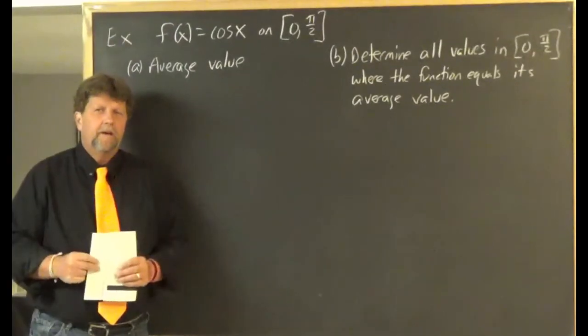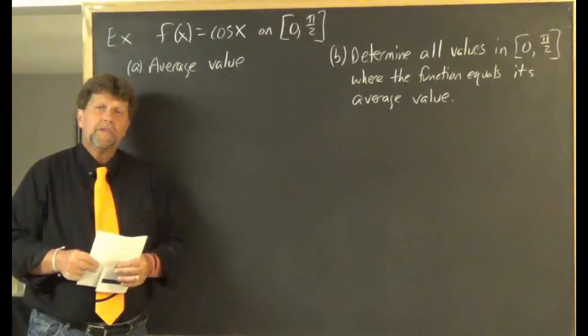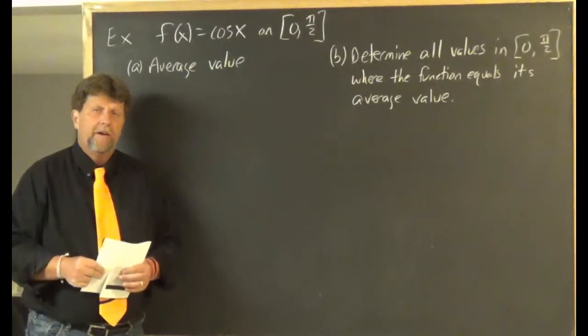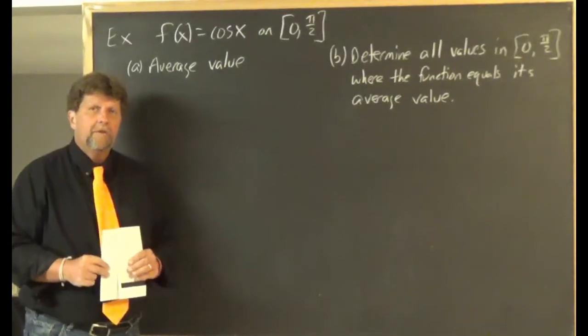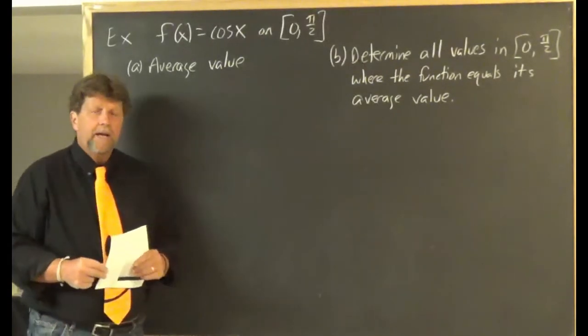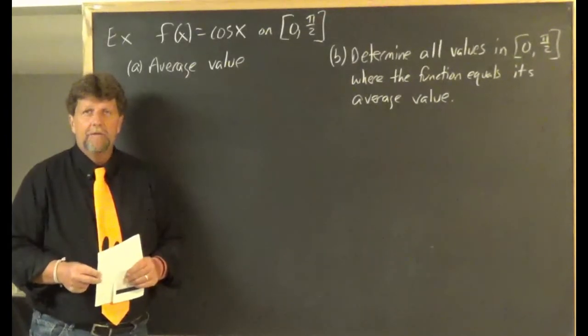All right, we've seen the mean value theorem for integrals. So in this example, we were given the function f of x equals cosine x on the interval 0 to pi over 2. And in part A, we're asked to determine the average value of the function on the interval 0 to pi over 2.